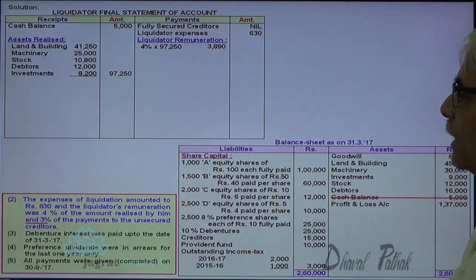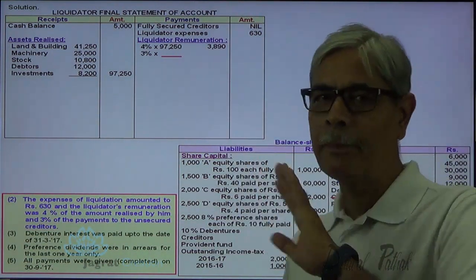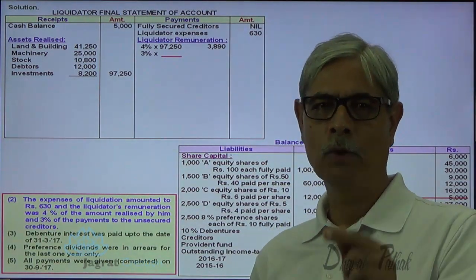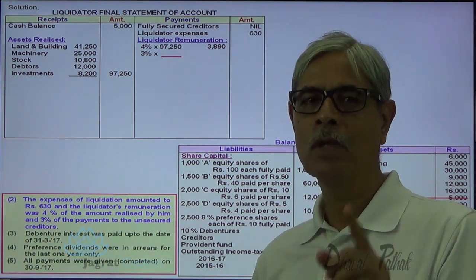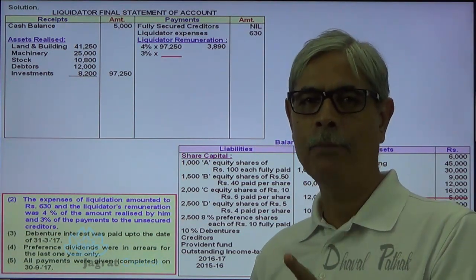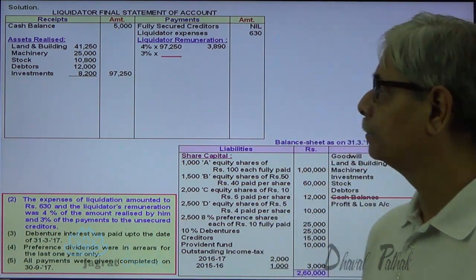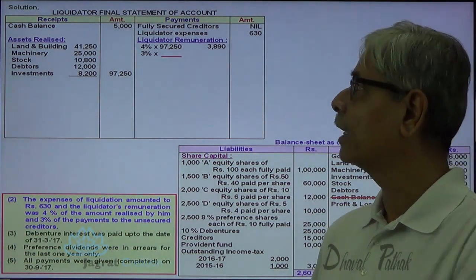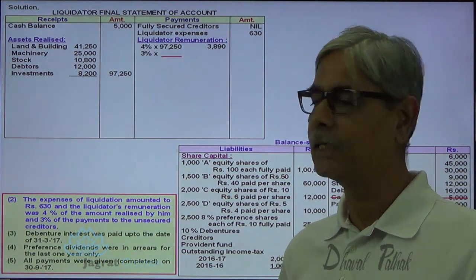Yet I have not paid unsecured creditors, so no such remuneration can be paid to the liquidator. The moment I pay the unsecured creditors, I will record the remuneration payable to the liquidator. So for that 3%, you have to keep a filler.